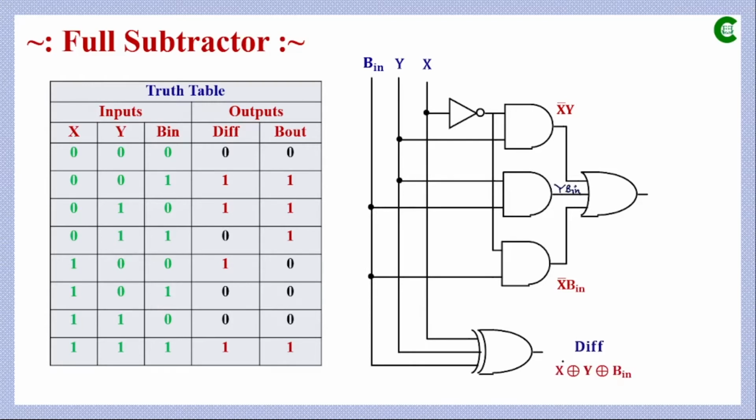For the difference, we have directly used a 3-input XOR gate just to represent the difference of the full subtractor, and borrow will follow this expression, where this is the output of this OR gate and the inputs of that OR gate are the outputs of their corresponding AND gates.